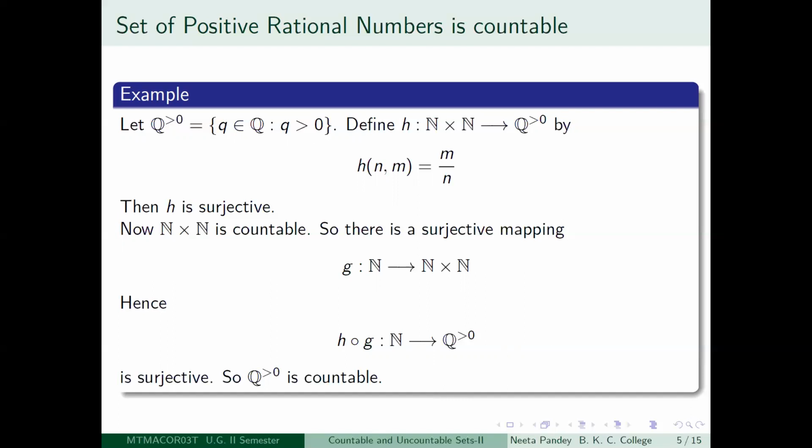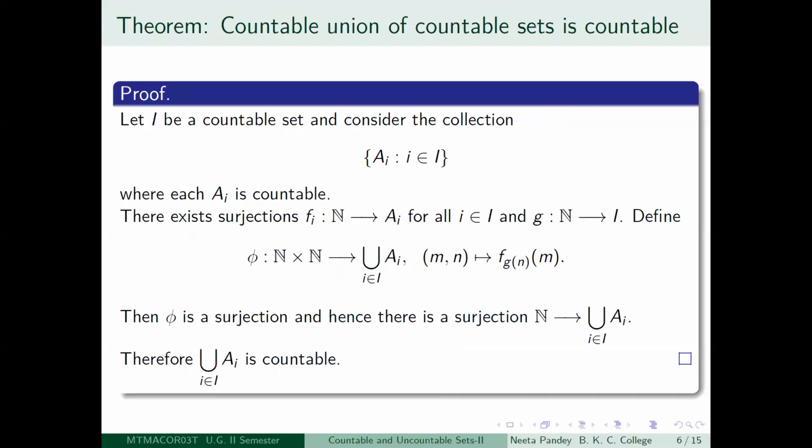So before doing that, we have to prove one result, which says, if you just say it tersely, not very precisely, that countable union of countable sets is countable. So what does that mean? That means the following, that you start with a collection of countable sets.